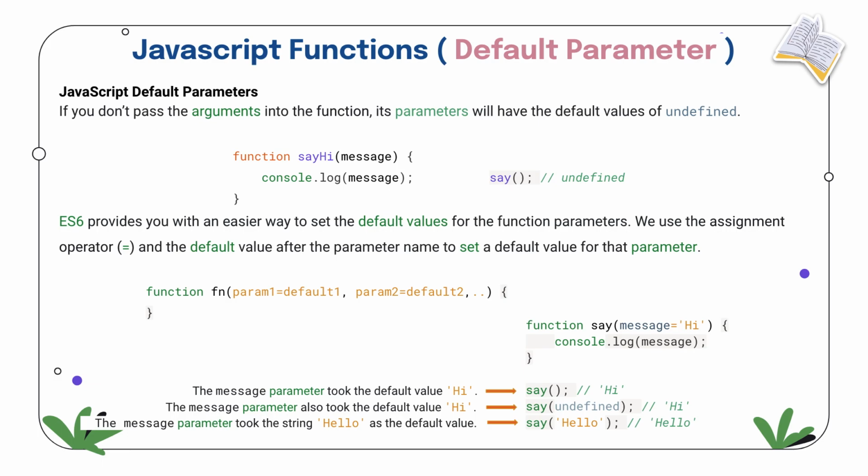Next, as we have discussed, if you want to pass any value to the function while calling it, let's see, this function hi has one parameter called message. If you don't pass any argument, it will just print undefined from the console.log.